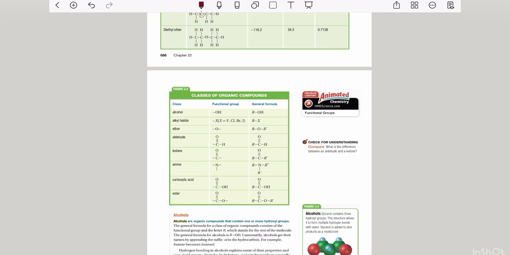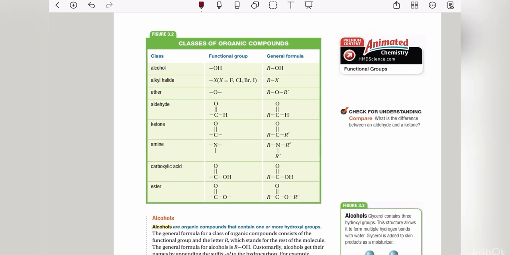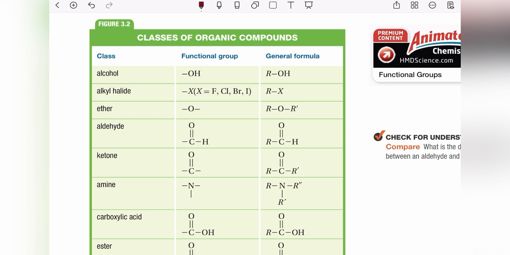And then figure 3.2 introduces us to the classes of organic compounds and how exactly they're called. So we have alcohol, and then its functional group is the hydroxide group, OH, and the general formula is R, and R stands for the rest of the molecule. So this is like the rest of the molecule, and the molecule will have a hydroxide group attached to the end.